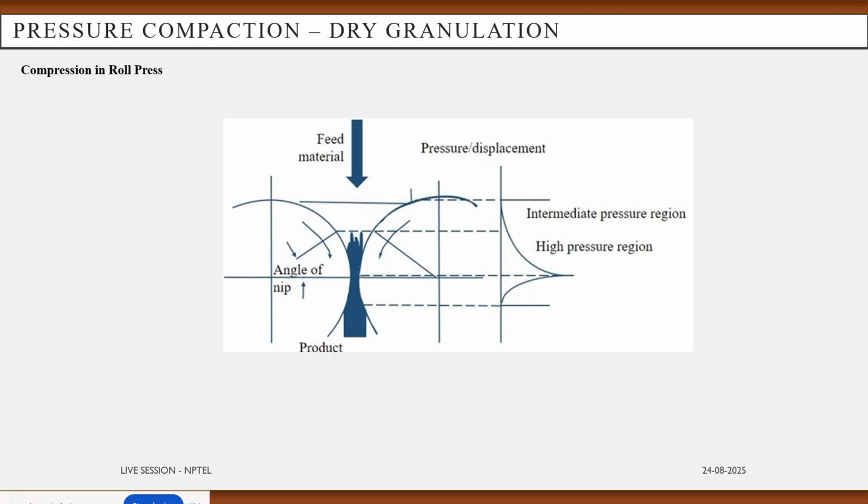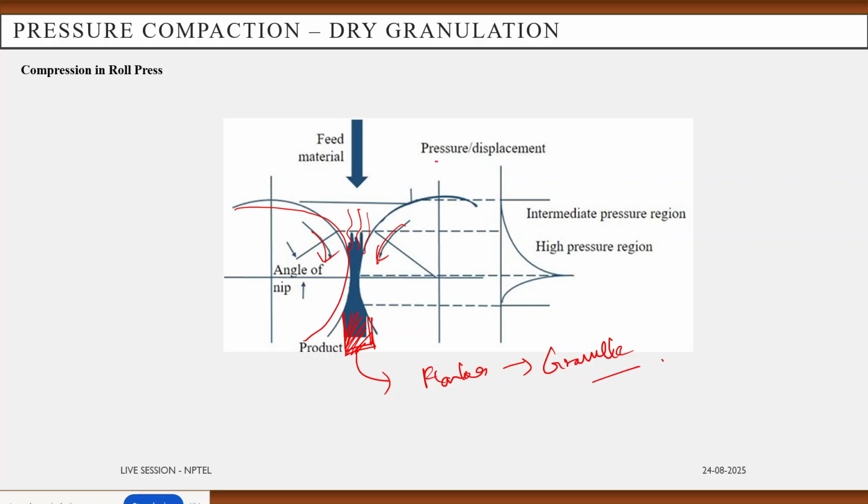So this is the process where the two rollers rotate opposite to each other, and here you can see this is the plastic feed material, and it forms a flat sheet, and they produce the flakes, and flakes are again milled to form the granule.